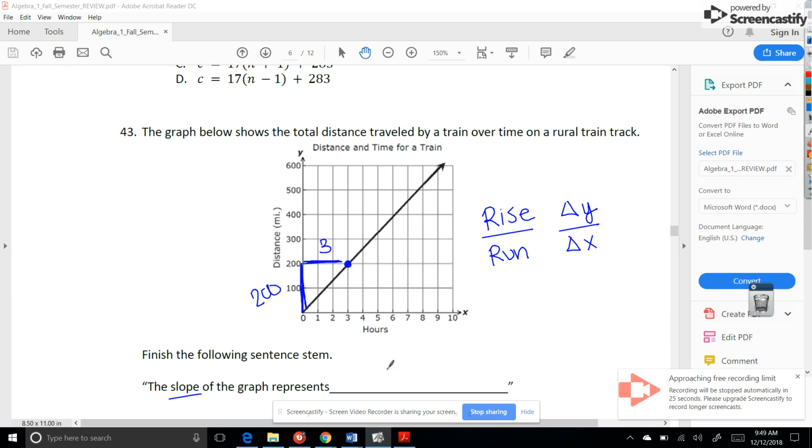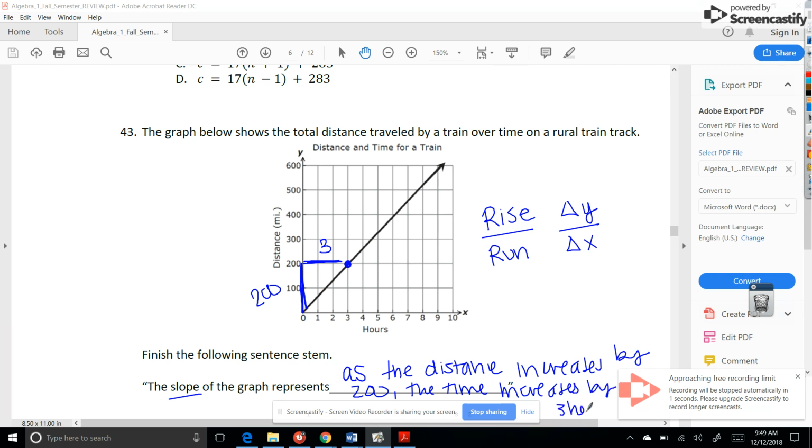So what does that mean? As the distance increases by 200, the time increases by 3 hours.